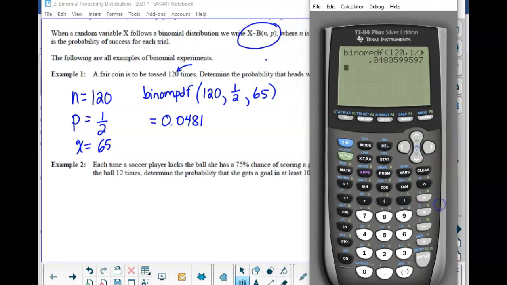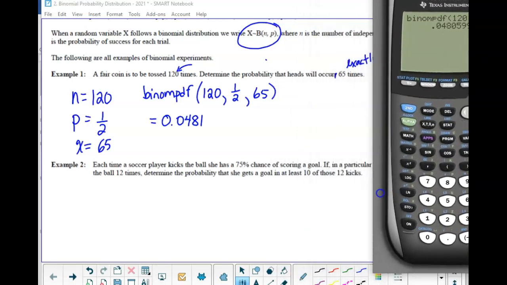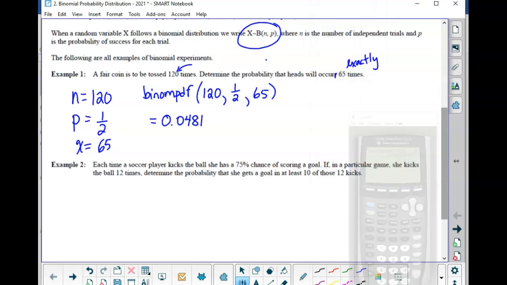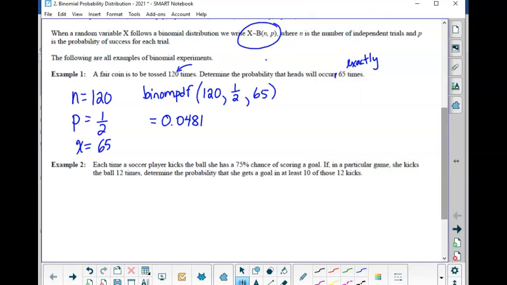All right, the next one. Each time a soccer player kicks the ball, she has a 75% chance of scoring a goal. If in a particular game she kicks the ball 12 times, determine the probability that she gets goals in at least 10 of those 12 kicks. So here, what do we have? We have n equals 12.